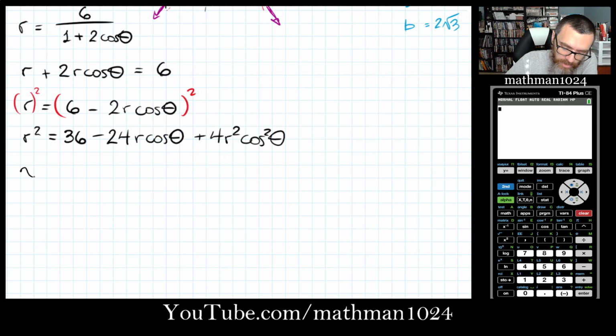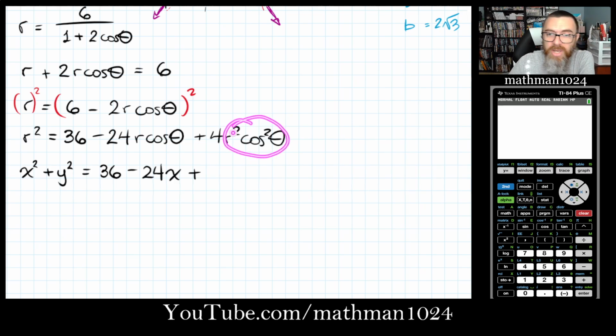Now r squared, we know, is x squared plus y squared. 36 stays the same. Minus 24, now remember, our r cosine theta is just x. And when we have r squared cosine squared, that's x squared. So plus 4x squared.